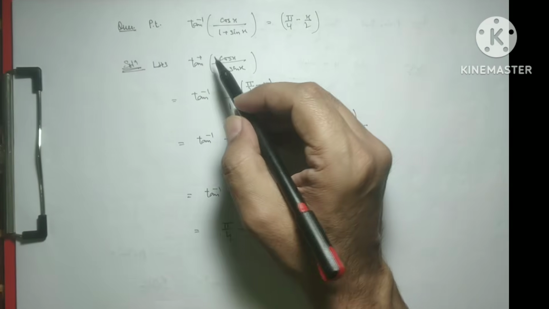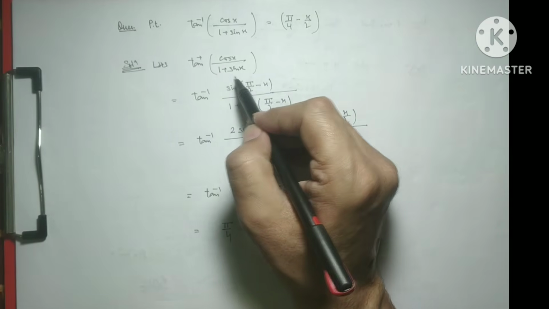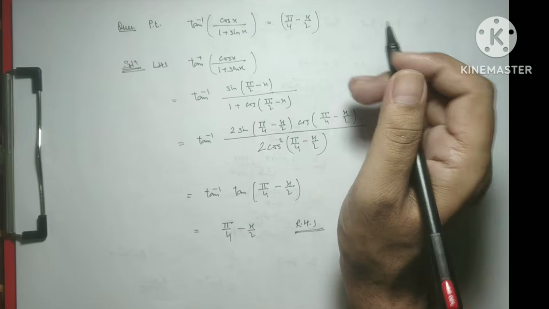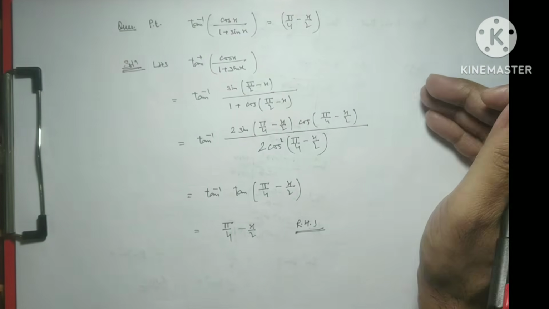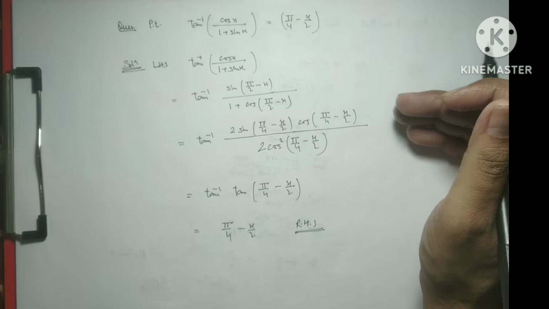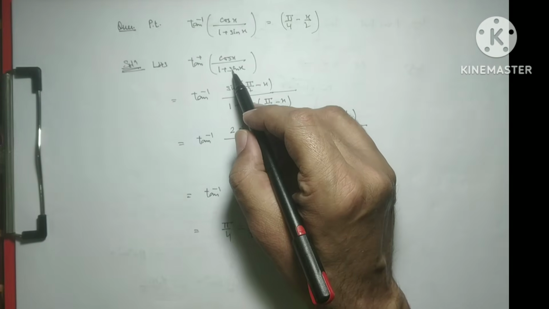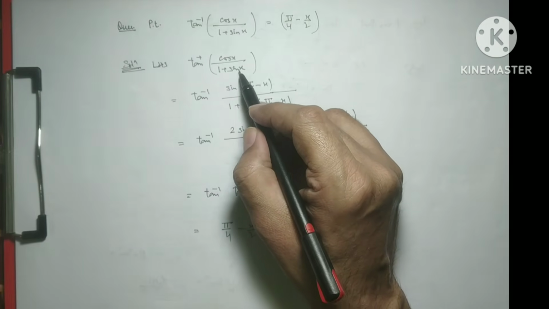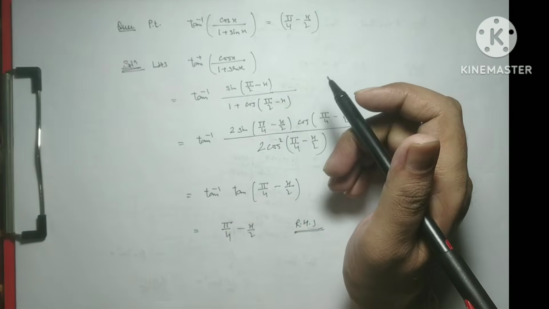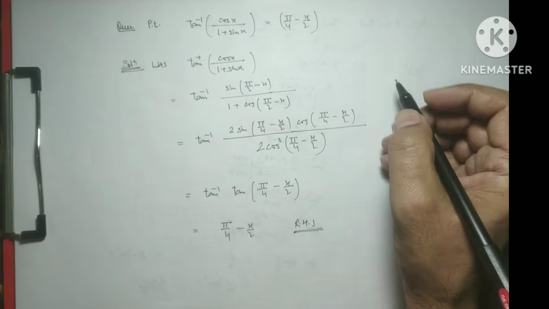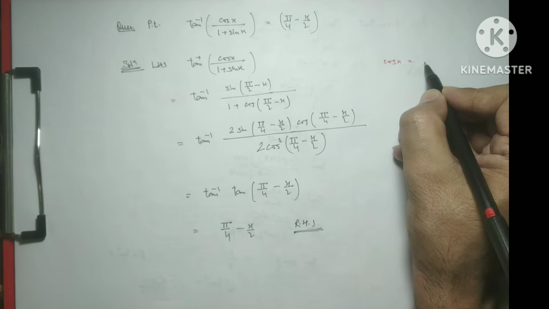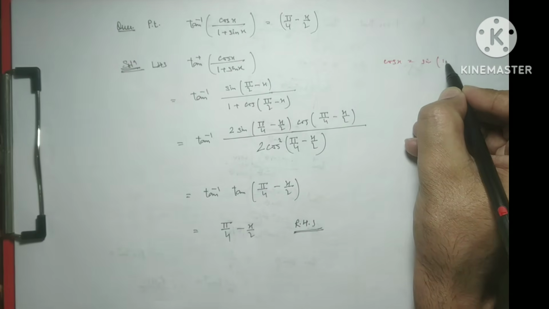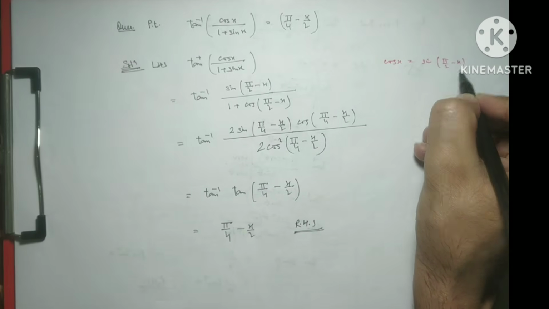So right now we have tan inverse of cos x over 1 plus sin x. As we know, we have the formula of 1 plus cos, 1 minus cos, like this, but this is 1 plus sin, so we will convert it into terms of cos. That's why we can write cos x as sin of pi by 2 minus x.